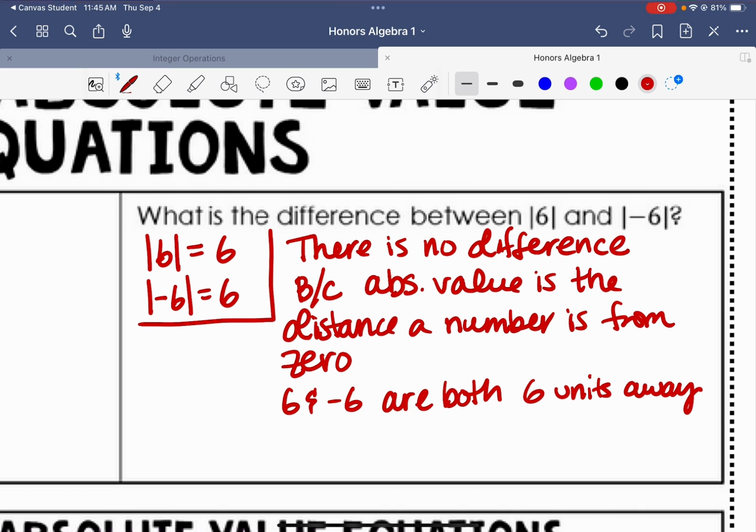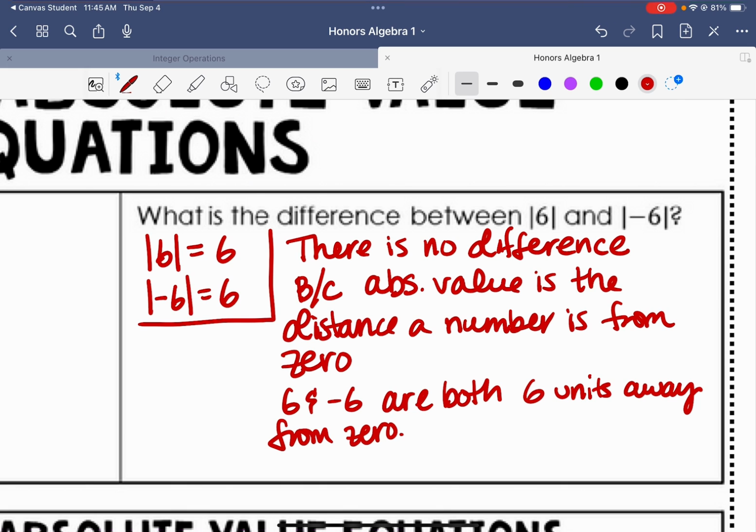Okay, so that's what we have to think about, away from 0, I should say, technically. Whenever we're talking about absolute values, we can think of both sides of 0, positive and negative. That's going to be really important because they're all still the same distance, and distance is always positive.